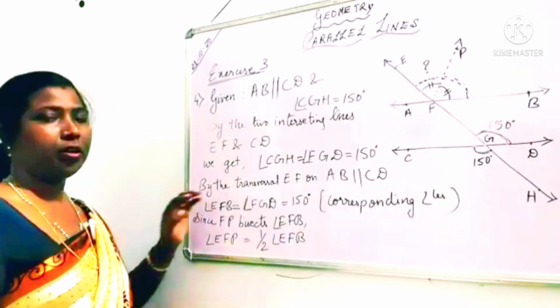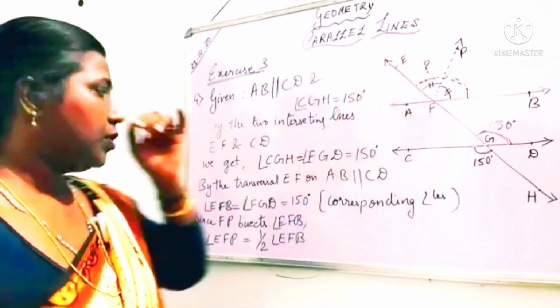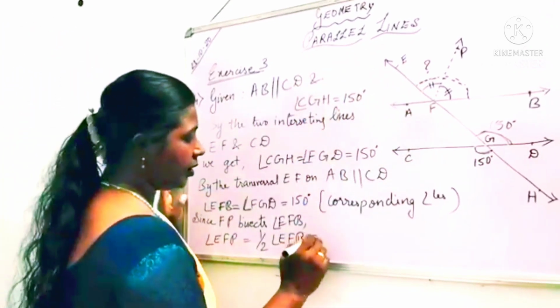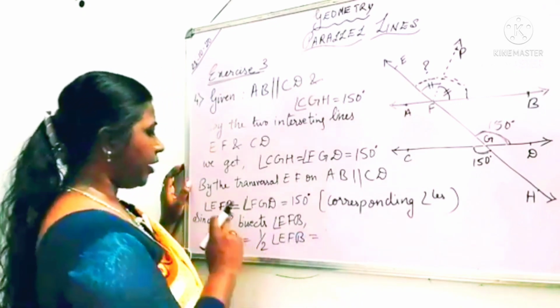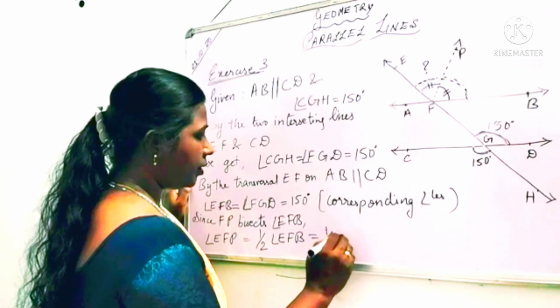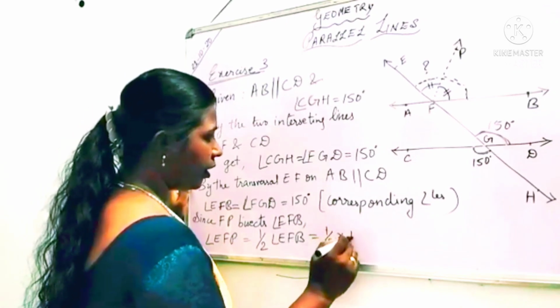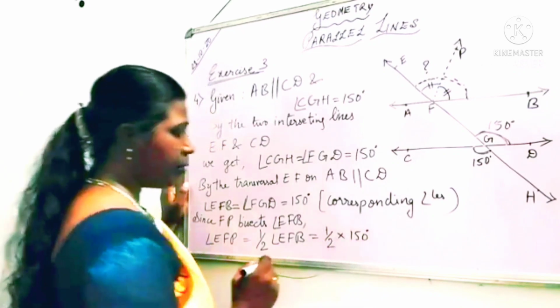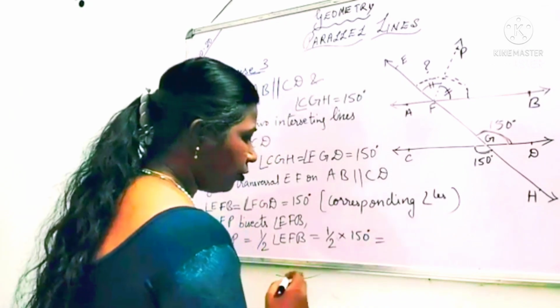This is a half of this part, so we will write it like this. Angle EFB we have as 150 degrees, so we put the value: one by two into 150 degrees.